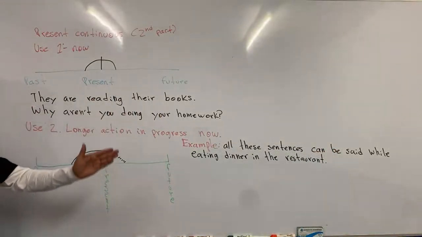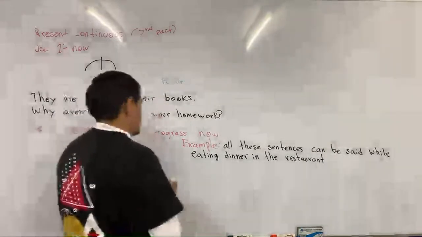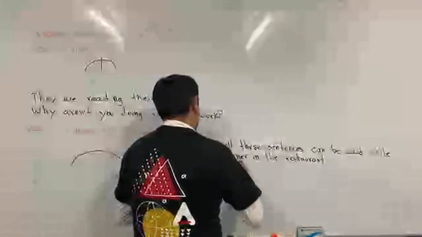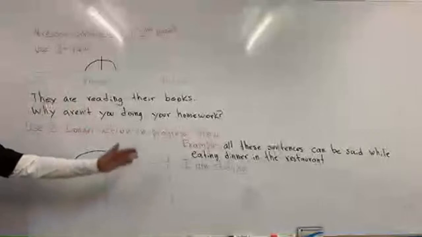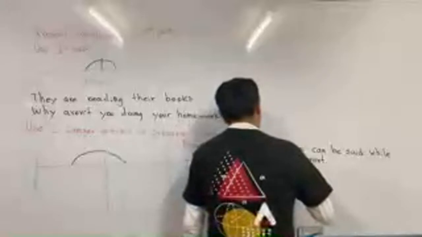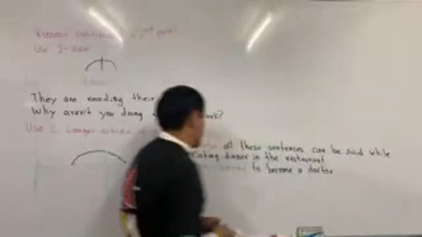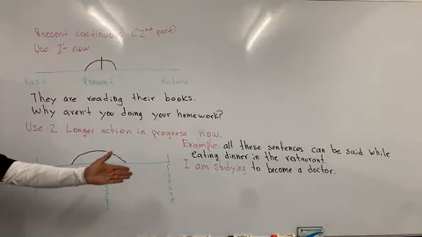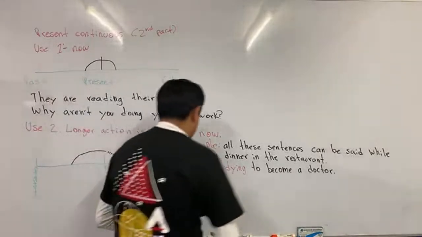For example, I am studying to become a doctor. Right? Another example, I'm not studying to become a dentist, in the negative.